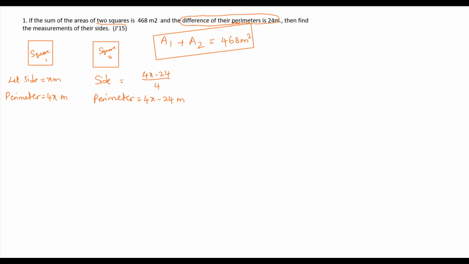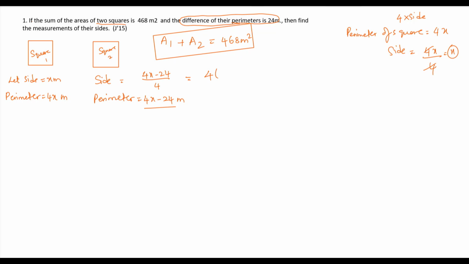Why did I divide by 4? We know that the perimeter of square is what? 4x meters, or we say 4 into side. To get the side, what you have to do is divide the perimeter by 4. So we will get our side. Similarly, I took the perimeter and divided it by 4 so that I'll get the side of the second square.